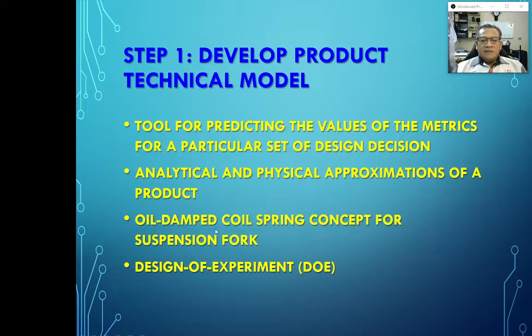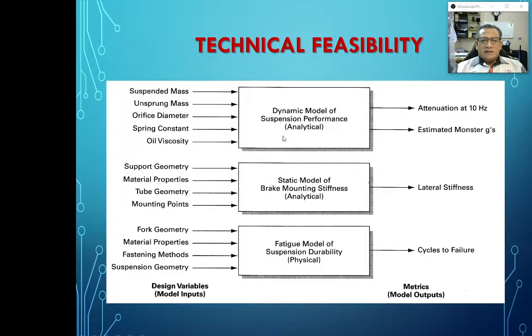It could be an oil dampened coil spring concept, or it could be a spring preloaded concept approach, right? All this could be achieved through design of experimentation or design of manufacturing.